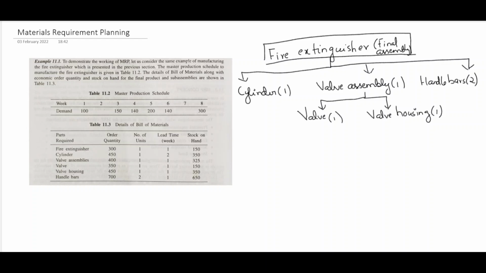Now we will do the MRP calculations of this problem. The details of the bills of material, along with the economic order quantity and stock on hand for the final product and subassemblies, are shown in the table. We can see that.